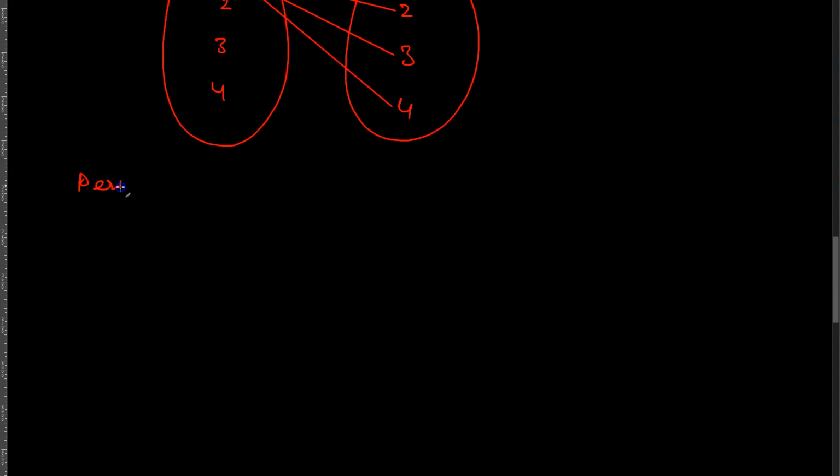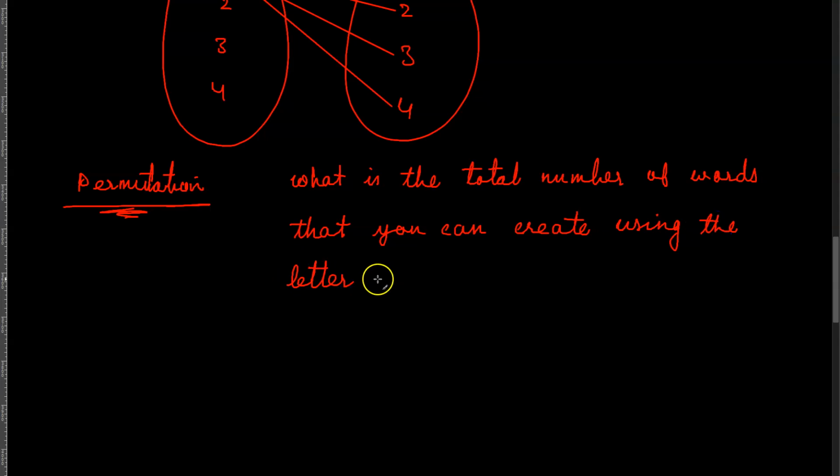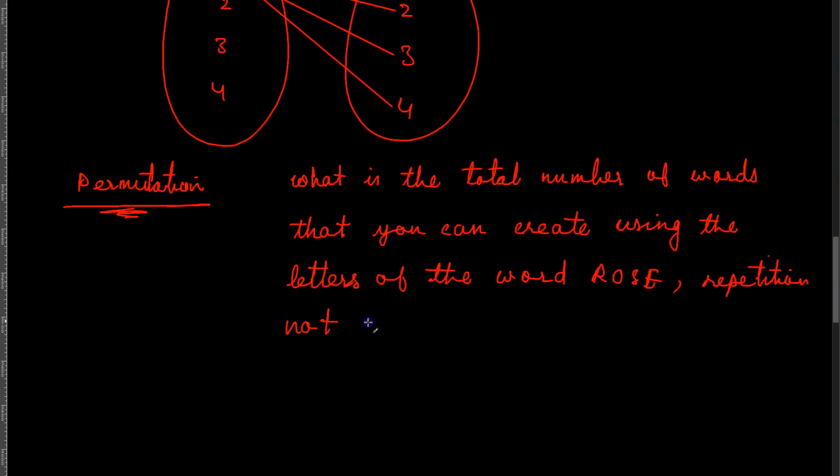So when we wanted to talk about the concept of permutation, what we said was, for example, what is the total number of words that you can create using the letters of the word, for example, rose. Repetition not allowed.